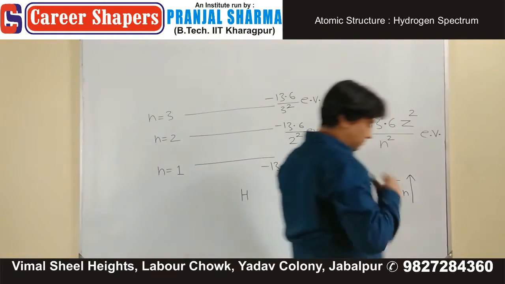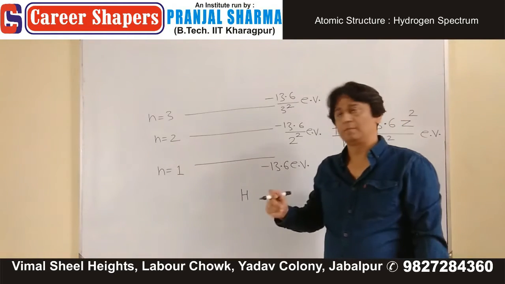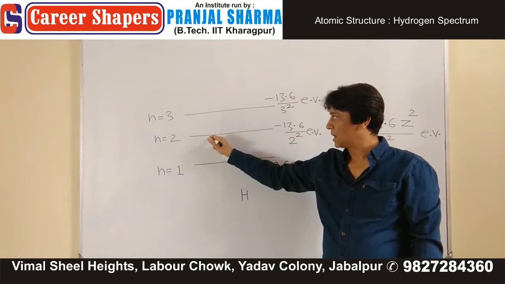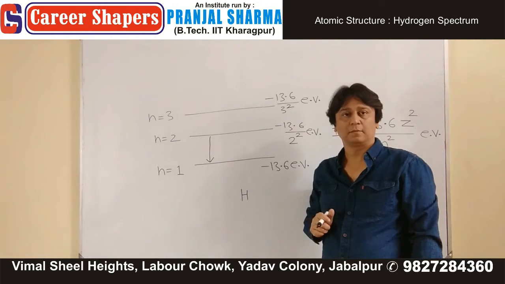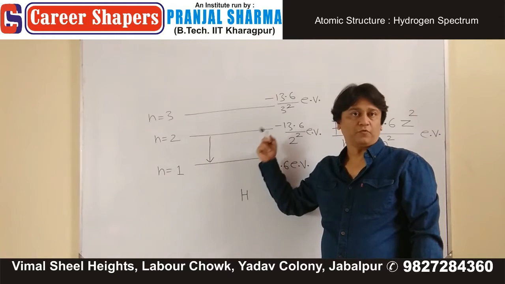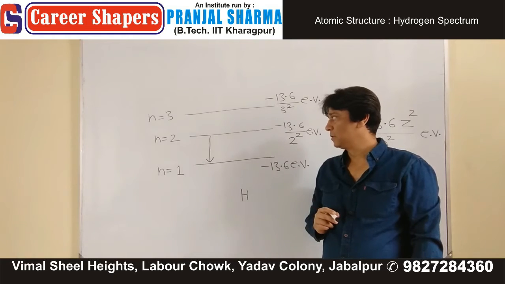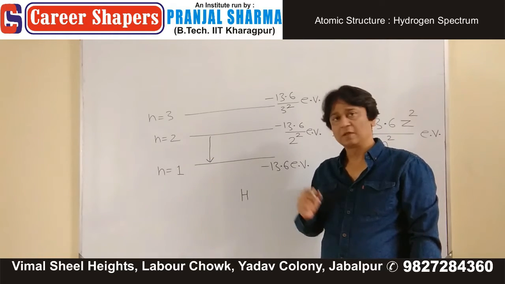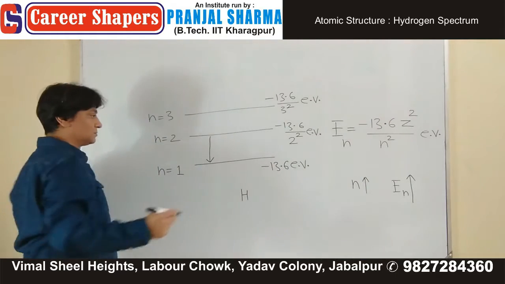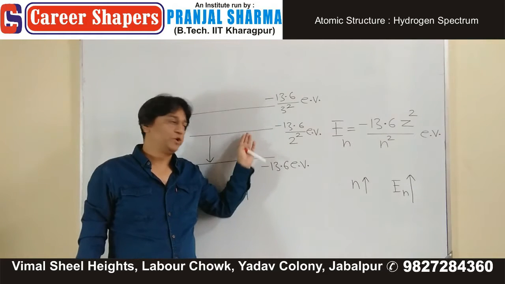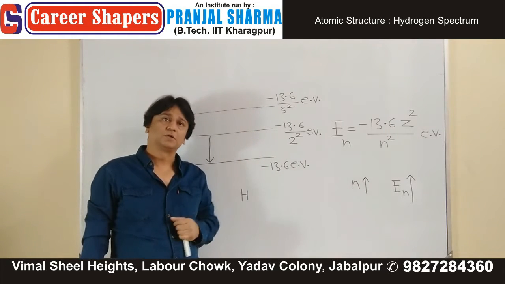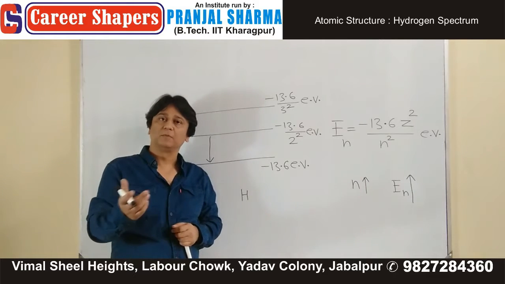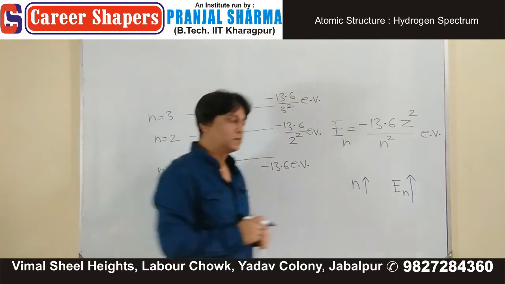Now, tell me, if an electron jumps from n equals 2 to n equals 1, if you have an electron in the second orbit with principal quantum number 2 and jumps into n equals 1, then the question is, you are jumping from a high energy to a low energy orbit, and in the process this will release some energy, and as that energy comes out in terms of electromagnetic radiation, we need to find its wavelength.